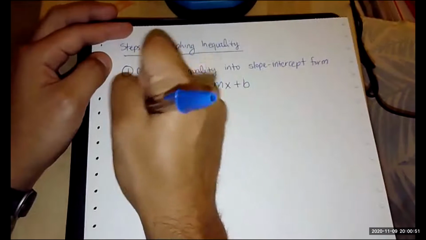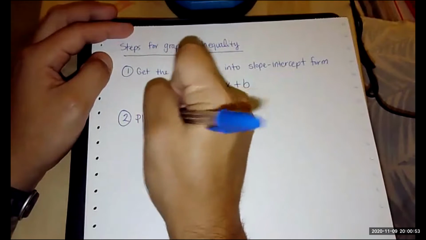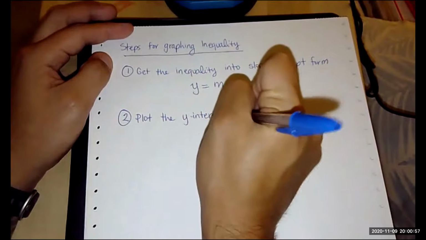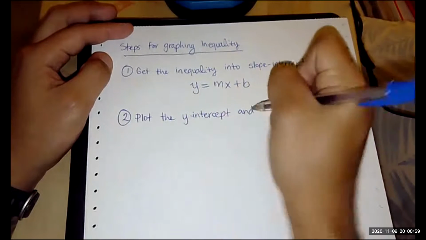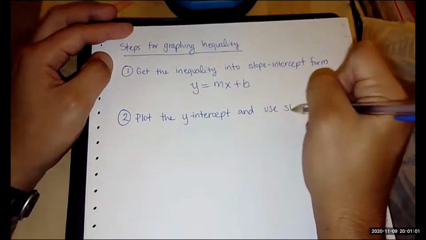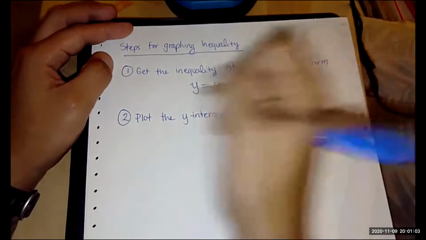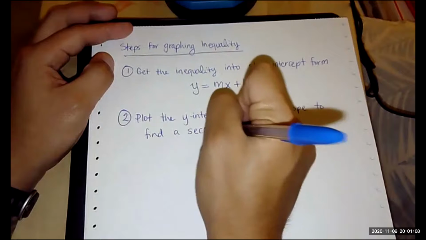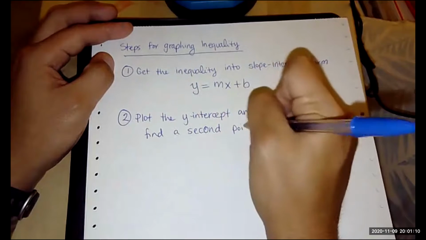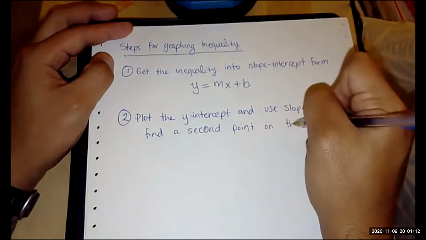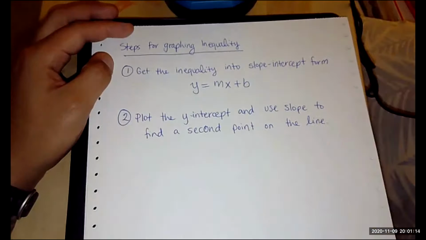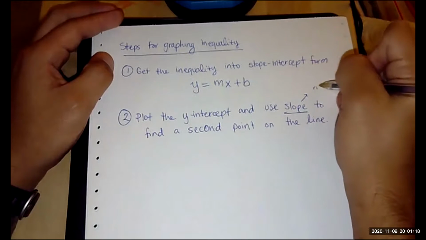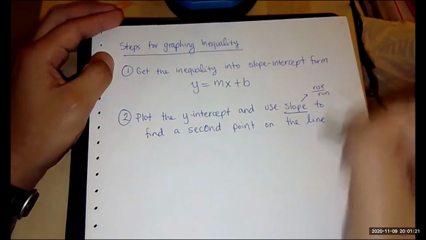Once you have that, plot the y-intercept and use the slope to find a second point on the line. Remember, you're going to be using the slope as rise over run.